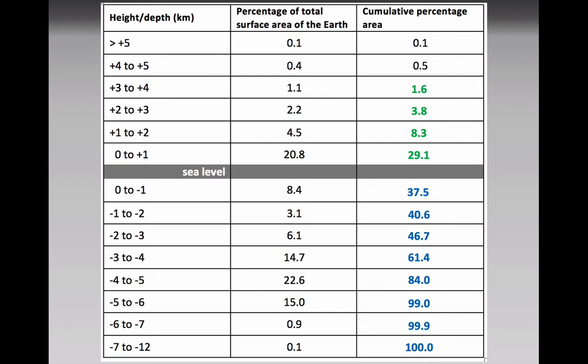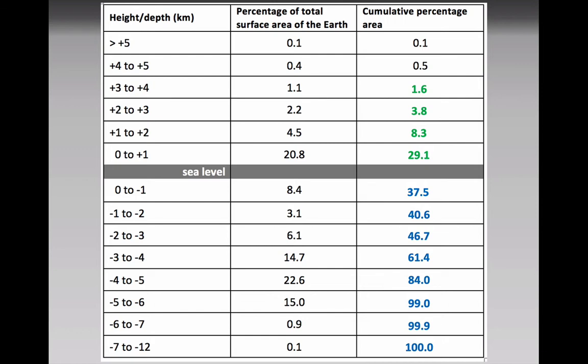But what I want us to do now is to plot a graph using that data. To do this, I've given you some axes and some graph paper on page 9. The big thing to remember with this graph plotting is that I would like you to plot these values against the lower height value.